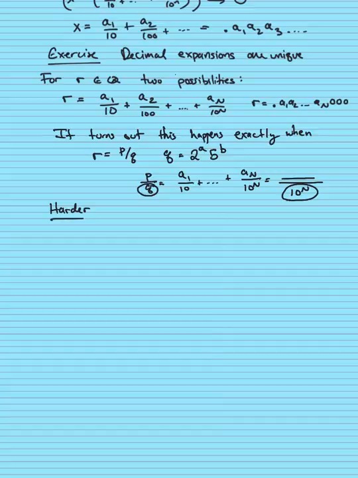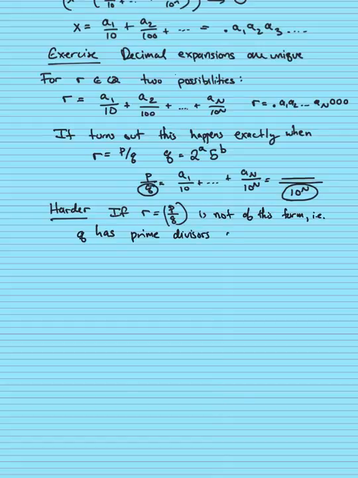What's slightly harder is that if r, which is p over q, is not of this form, i.e. q has prime divisors other than 2 or 5, then the decimal expansion is eventually periodic.